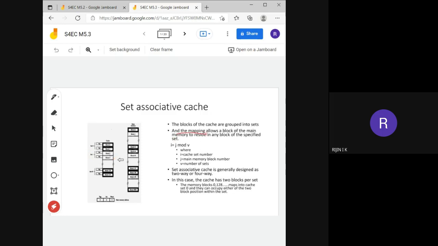The mapping allows a block of the main memory to reside in any block of the specified set. That means while mapping, main memory block 0 can be accommodated in either of these block positions, either block 0 or block 1. That is what set associative mapping is.